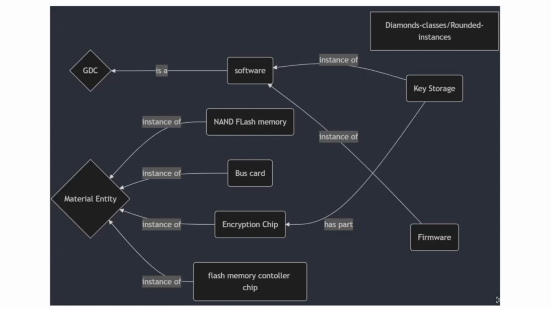Can a key storage that is an instance of software have a material entity as part? Let's see, where's that coming in? It's key storage. It's an instance of software, which is a GDC. Oh yeah, has part encryption key. So no, anything with material parts is a material entity, because being a material entity is closed under that.